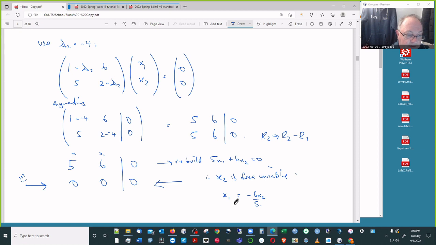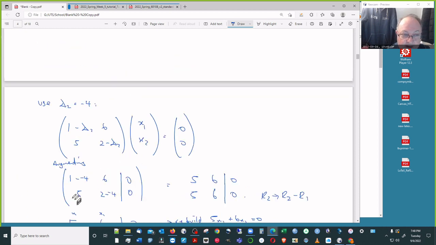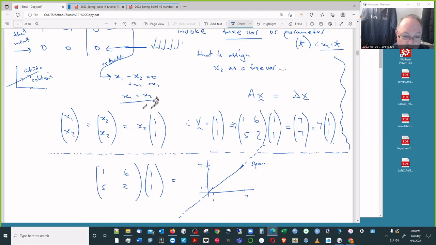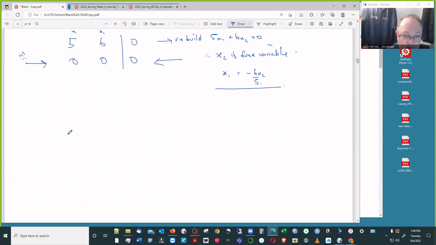So we've now got this pair. Okay, so we've got x1. So I think I made the distinction here. Not yet. So x1, x2 are our eigenvectors.